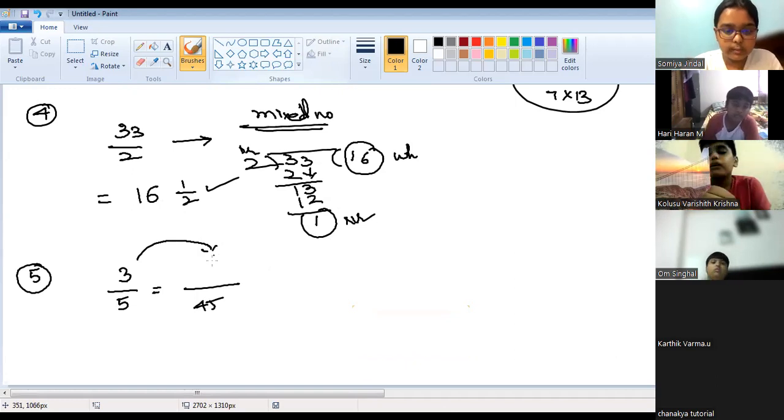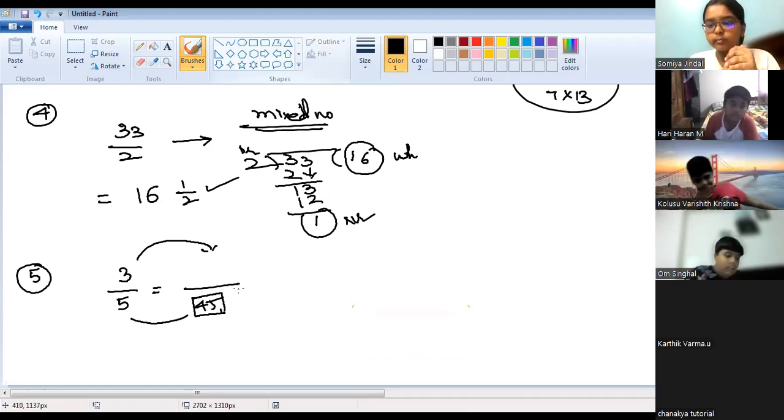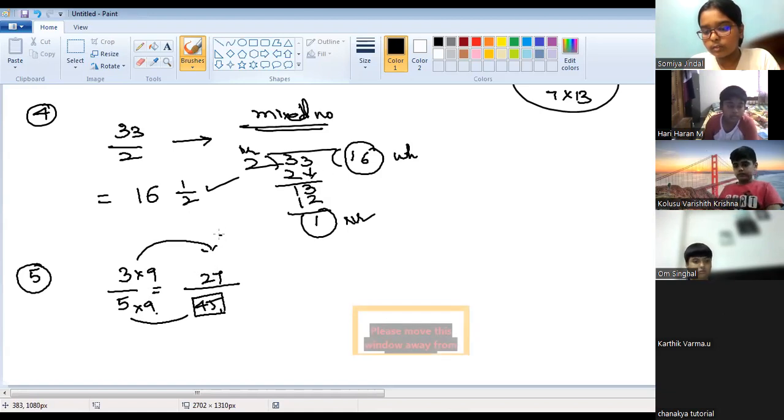Because the denominator I know. Both are equivalent. 5 nines are 45 and 3 nines are 27. 27 by 45. Wonderful. Who gave this answer? Akshara. Very good, Akshara.